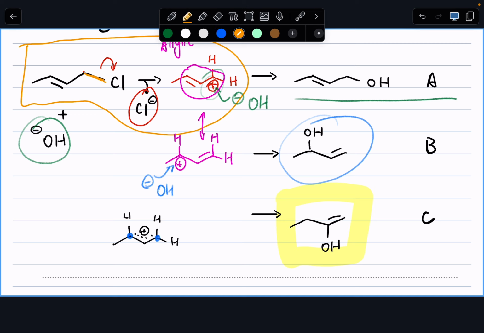This center carbon does not have any cationic character. Consequently, because the center carbon doesn't have any cationic character, when a nucleophile comes and tries to form a new bond, it will tend to form a bond with one of the terminal carbons.